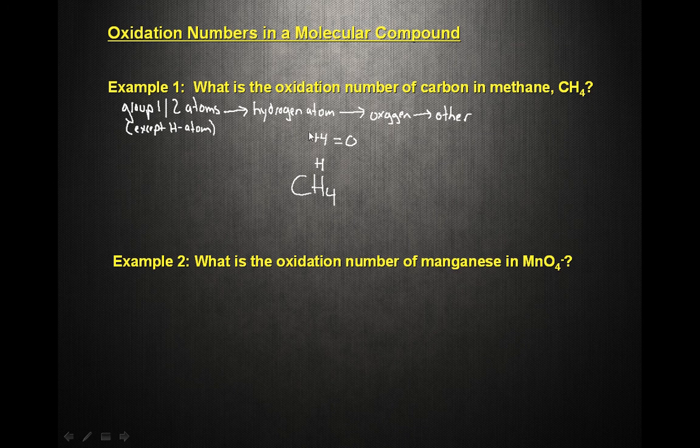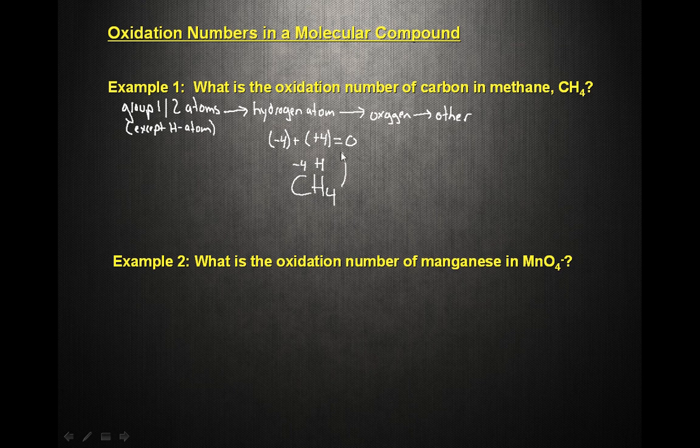So what I need to do is add something to +4 to give me 0. Well, that's the only thing there is, -4. So -4 plus +4 will give us 0. So whatever I have for my other atom has to multiply to -4. Well, I only have 1 carbon, so carbon has to be -4.